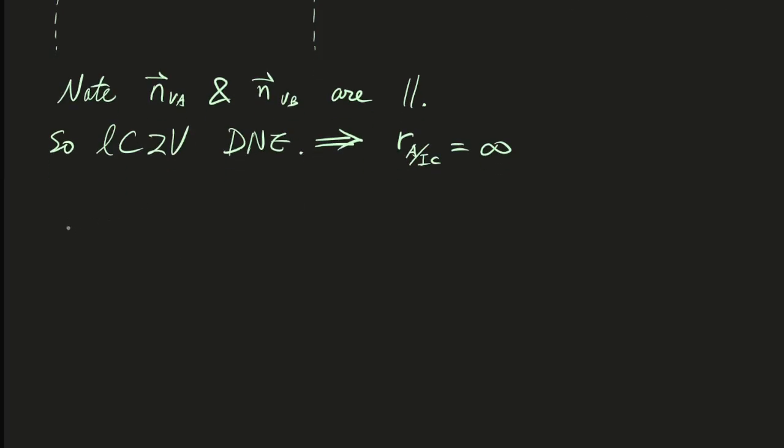Now we can say that the velocity of A is equal to omega of AB cross R of A from IC, which is infinity. And we can say that omega AB is 0.